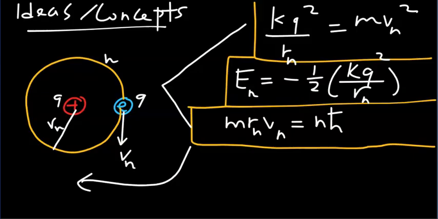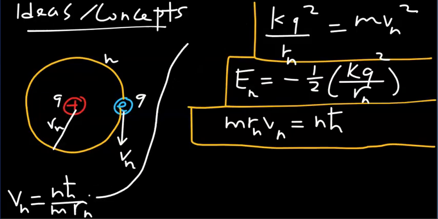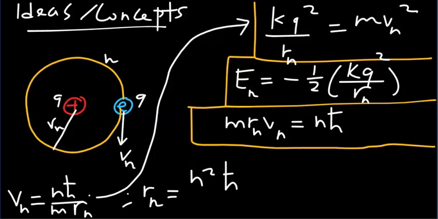The next step is to solve for r sub n and v sub n using these two equations. From that equation, we know that v sub n equals n h bar over m times r sub n. Substituting this result in that equation, we can obtain a formula for r sub n, which is n squared h bar squared over k q squared times the mass of the electron.